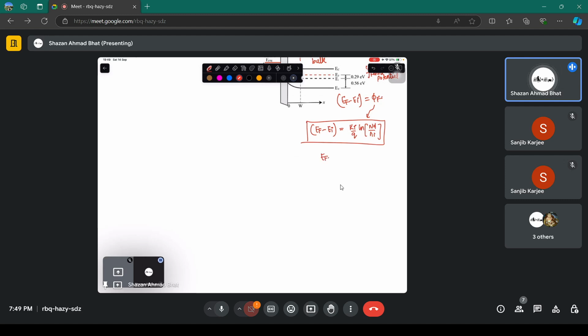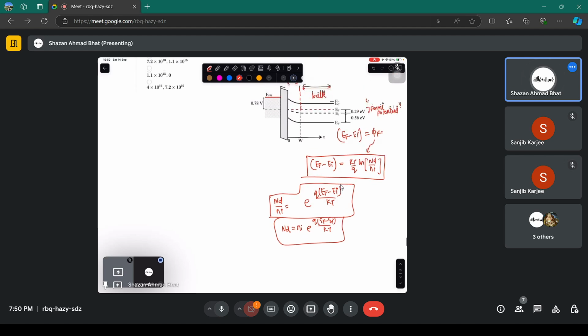You can write EF minus EI as kT by q ln of Nd by Ni, so Nd is equivalent to Ni times e to the power q(EF minus EI) divided by kT. As simple as that. Just put in the values.